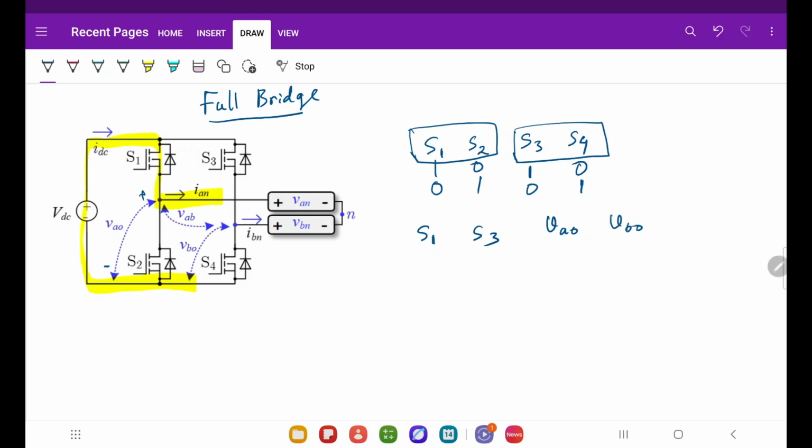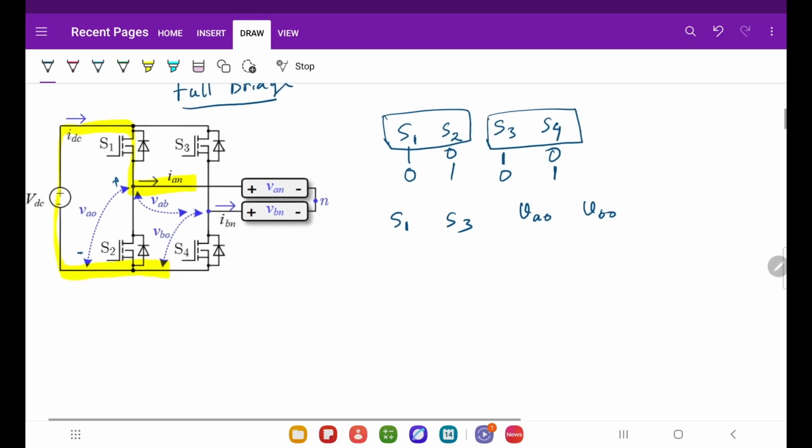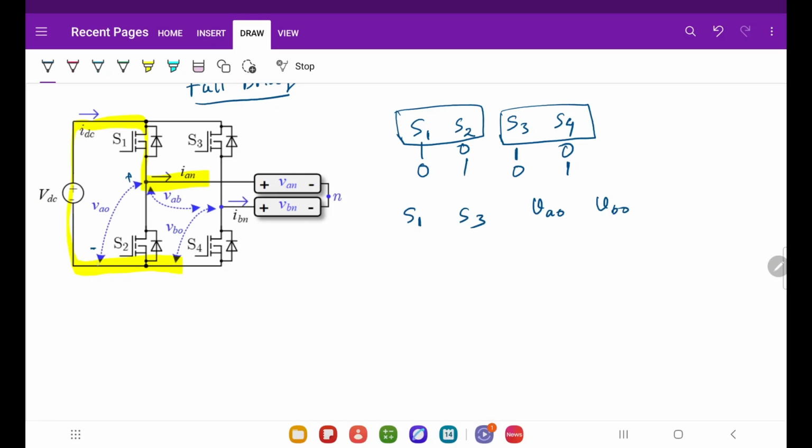So when S1 is on, VAO is how much? A to O is VDC, right? When S1 is on, it is VDC. And if S3 is also on, then what is the value of VBO? If you look at VBO, it will go like this, right? So the value of VBO is also VDC, for S1 and S3. So what is the total value of voltage?